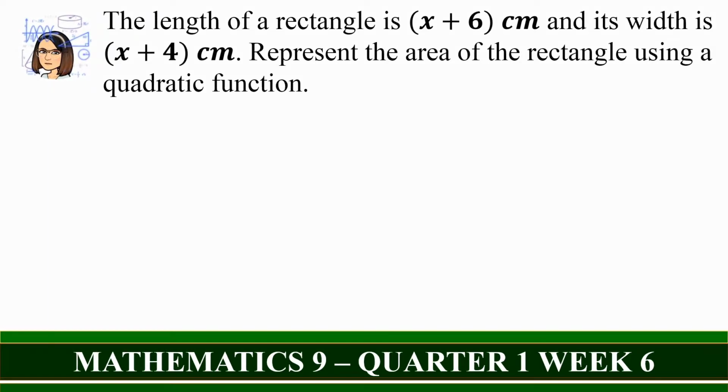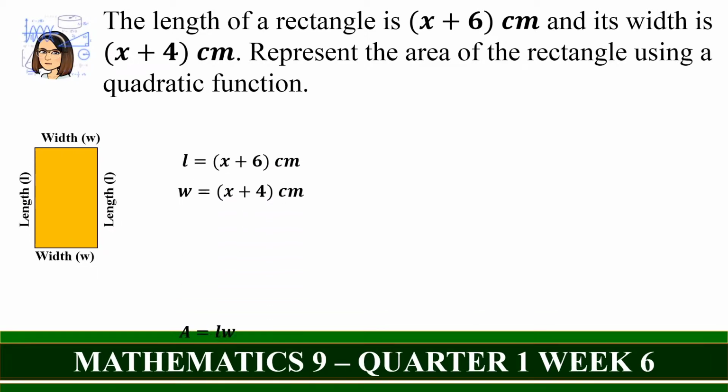The length of a rectangle is x plus 6 cm and its width is x plus 4 cm. Represent the area of the rectangle using a quadratic function. In this situation, we have a rectangle whose length is x plus 6 cm and width is x plus 4 cm.